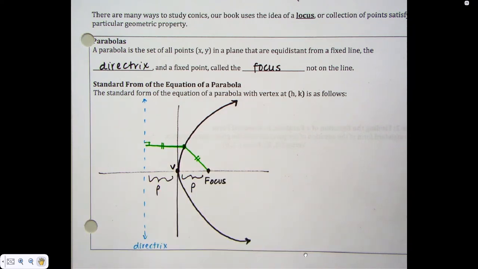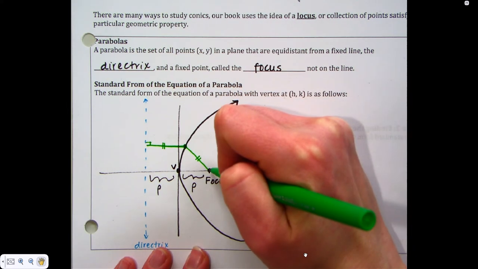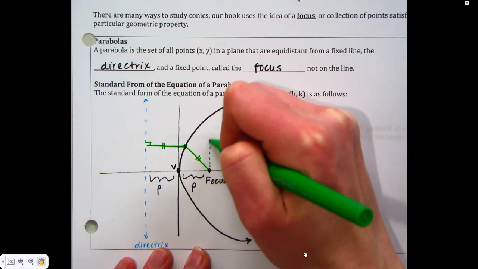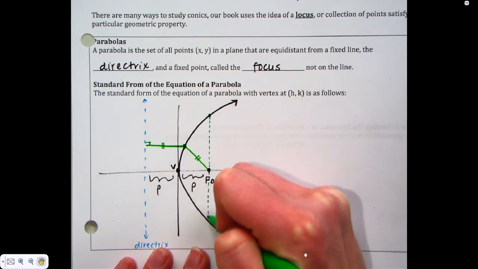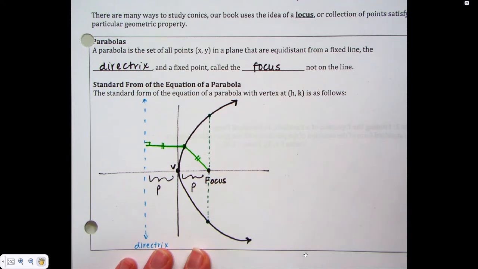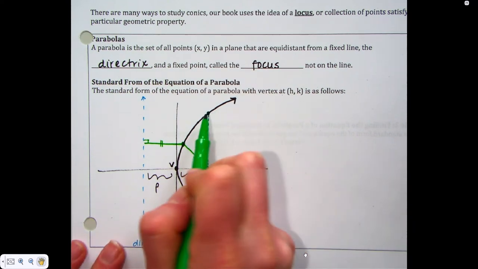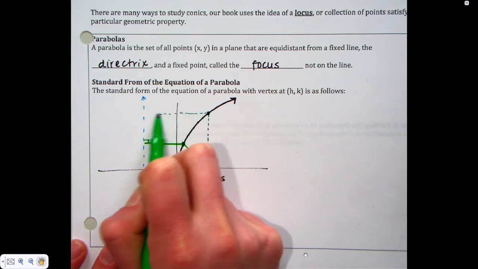And then there's another special point that we want to talk about. This is sort of going to measure our opening of our parabola. And that would be creating a perpendicular segment to our directrix. It's going to give us a chance to measure that value. And I want to think about the length from here to here.